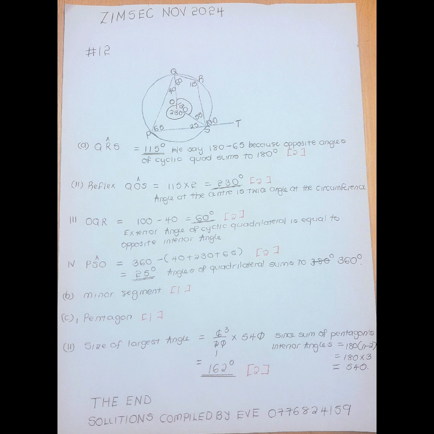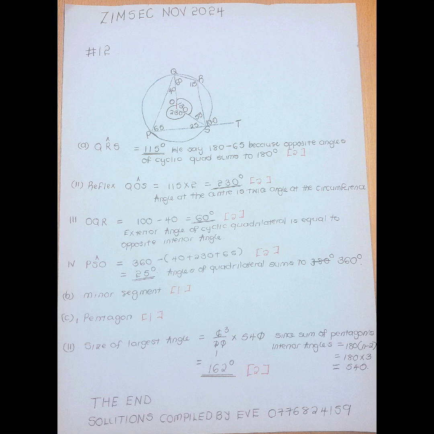And then OQR, we say 100 minus 40, because the exterior angle of a cyclic quadrilateral is equal to the opposite interior angle. And then for PSO, we say 360 minus 40 plus 230 plus 65 to get 25. Why? Because angles in a quadrilateral sum to 360.